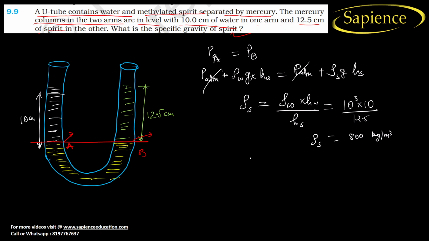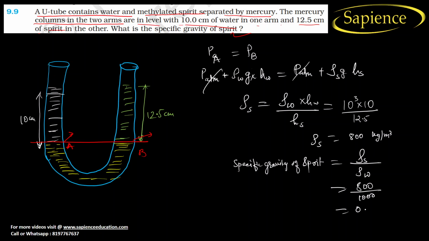Now we want the specific gravity of spirit. So this will be equal to density of spirit divided by density of water. So this will be 800 divided by 1000. So finally this is 0.8. So this is the specific gravity, Sg, for spirit. Okay, so this is what we required. I hope you have understood this.